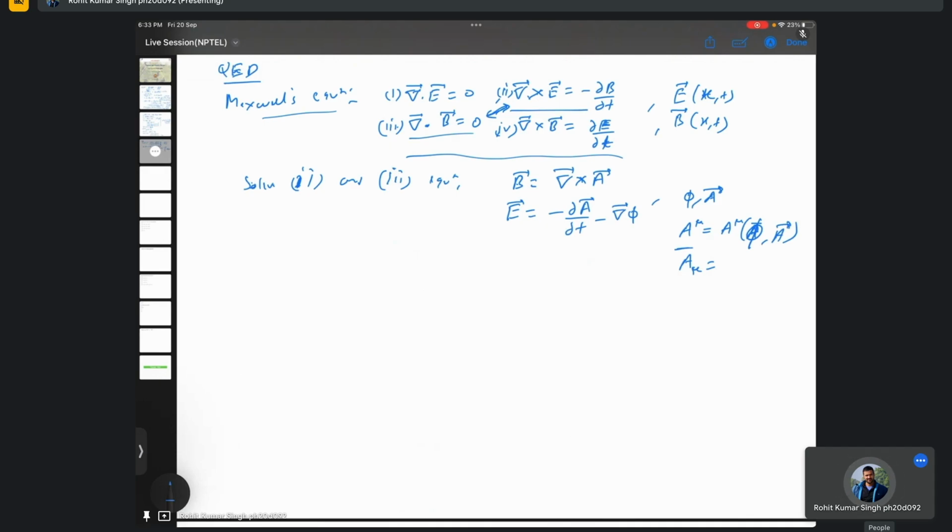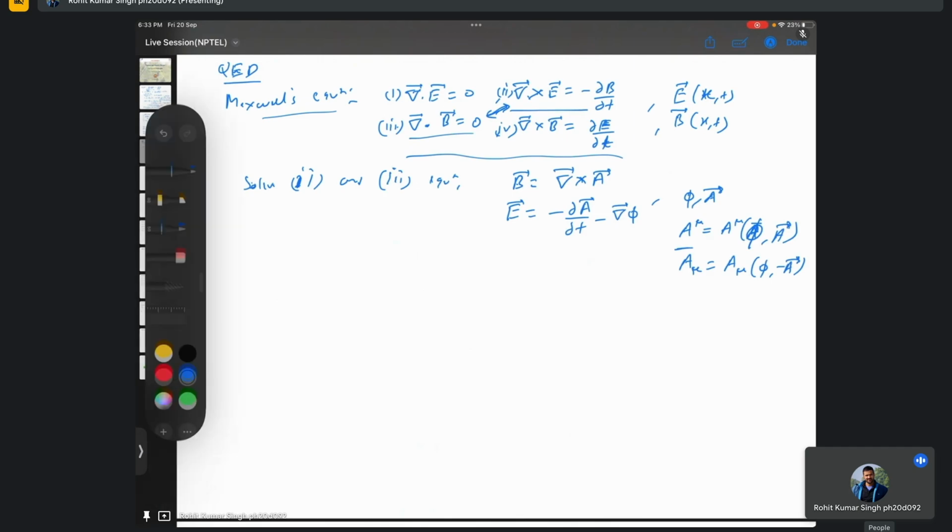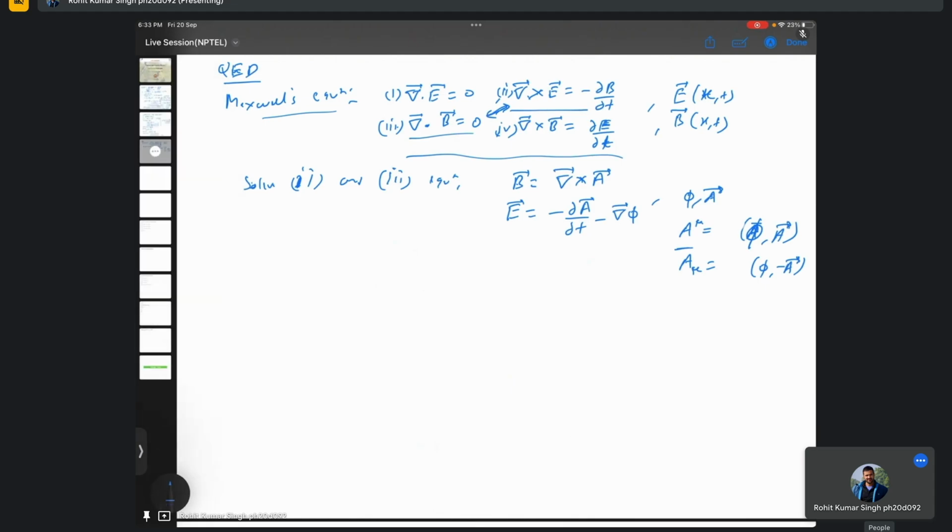In the covariant form you have the corresponding expression. So from equations 2 and 3 we got this solution.